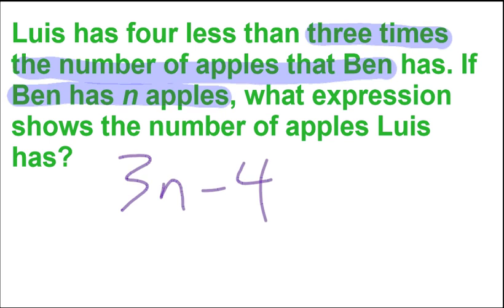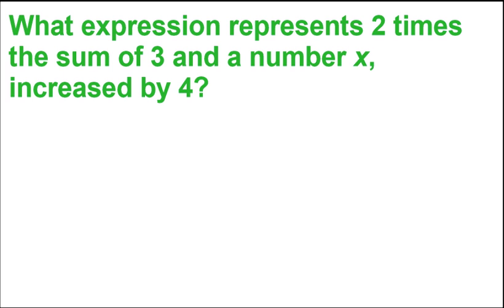One other thing to show y'all then. It says, what expression represents 2 times the sum of 3 and a number x increased by 4? The main part right here to look at is 2 times the sum. What is a sum in math?